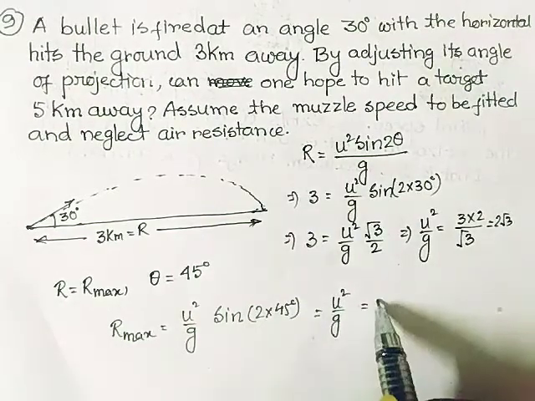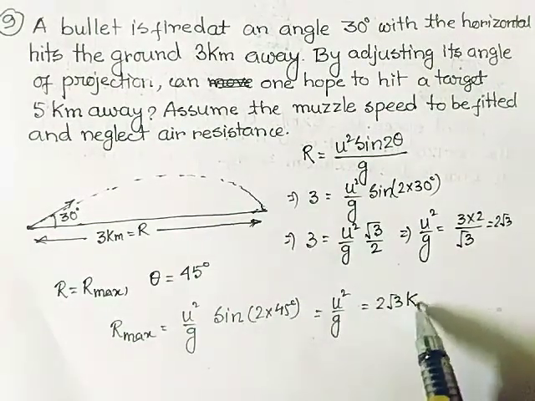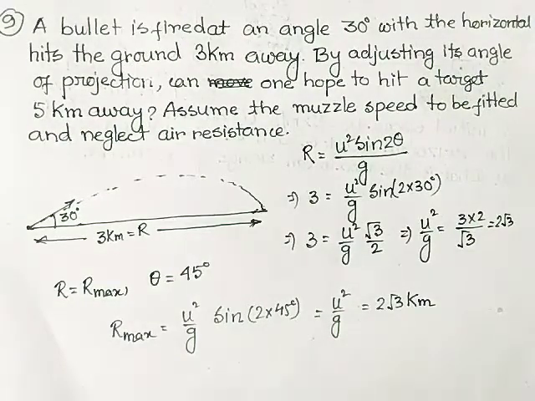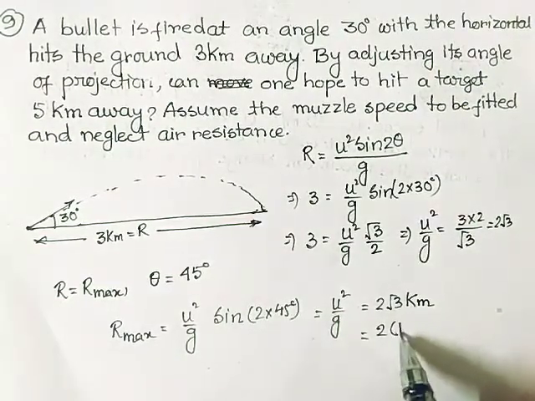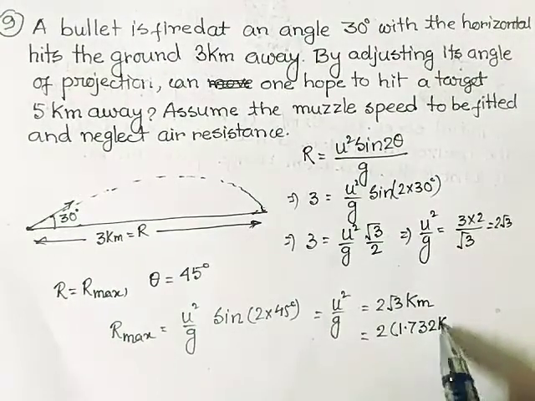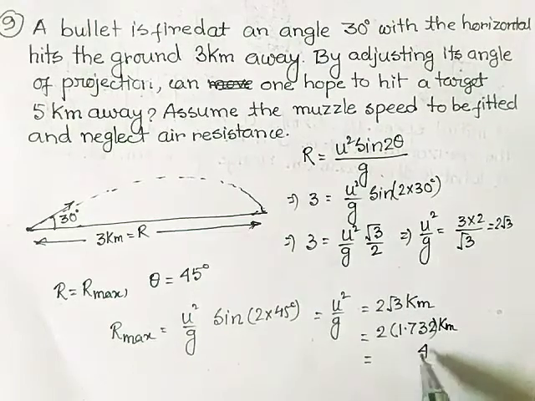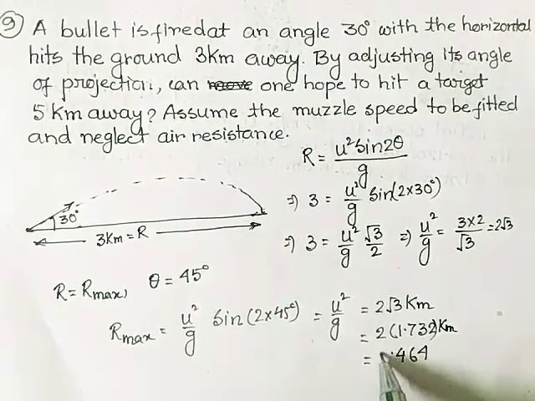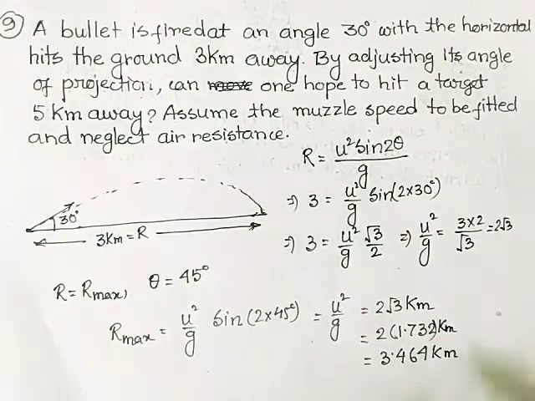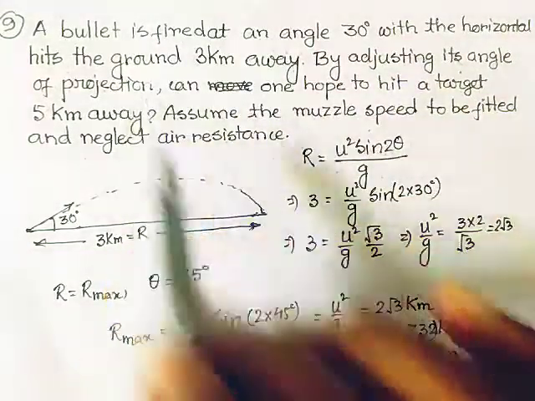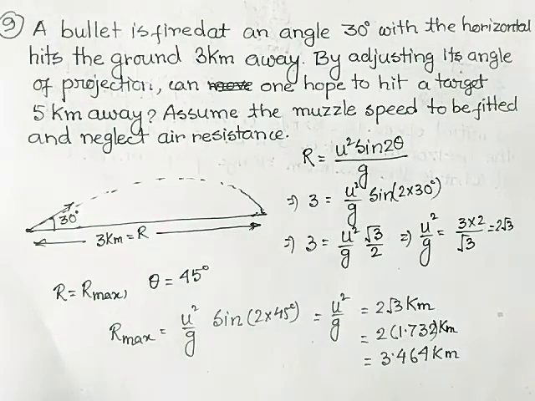U square by g is 2 root 3 kilometer. So 2 root 3 is 2 into 1.732, that is 3.464 kilometer it can cover by adjusting the angle of projection. By making the angle from 30 degree to 45 degree, the particle can reach 3.464 kilometer.